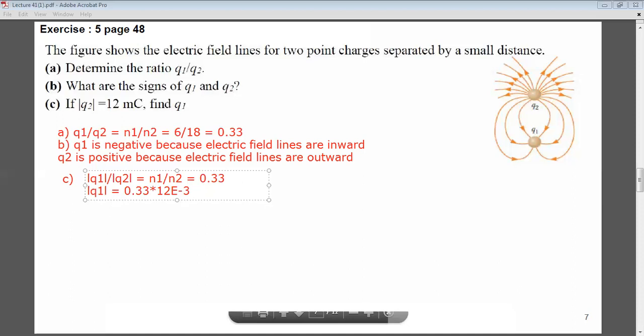This gives me 4 e to the minus 3 coulomb, or 4 millicoulomb. We can say it in coulomb, that's not a problem, but we have to pay attention. So Q1 is equal to minus 4 millicoulomb, or minus 4 e to the minus 3 coulomb, because Q1 is negative.